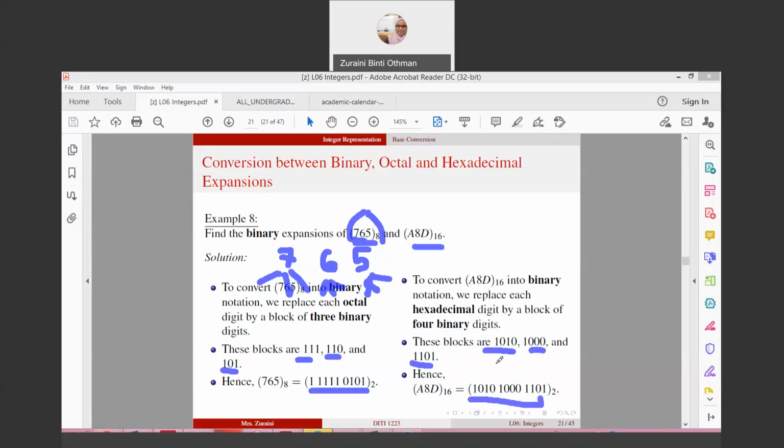So, we put it here, and this is D just now. So this is the binary notation from the hexadecimal.